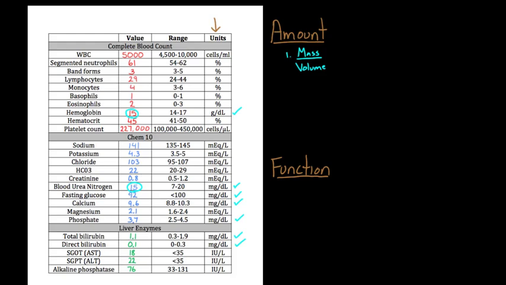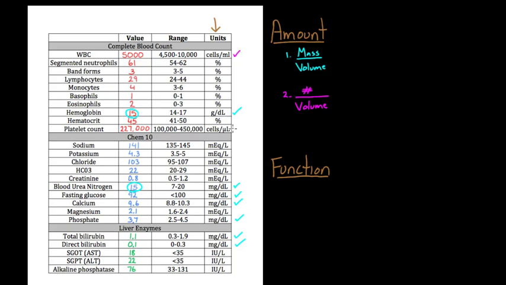Now another way of talking about the amount of something, let's switch colors, would be to just count it up, to literally go and count up the number of something that you find in a certain volume of blood. And we do that too sometimes. We actually will count, and let's say for white blood cells, we count up 5,000 cells in 1 milliliter.